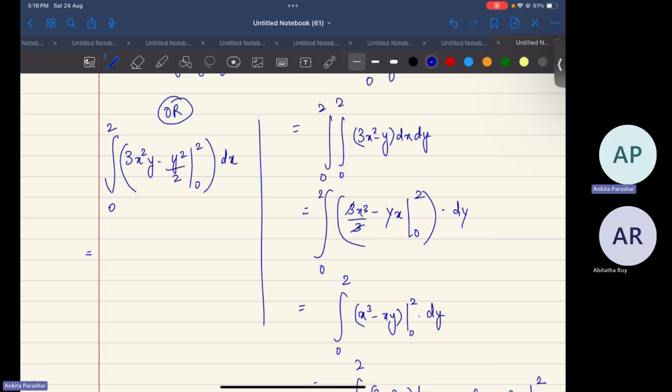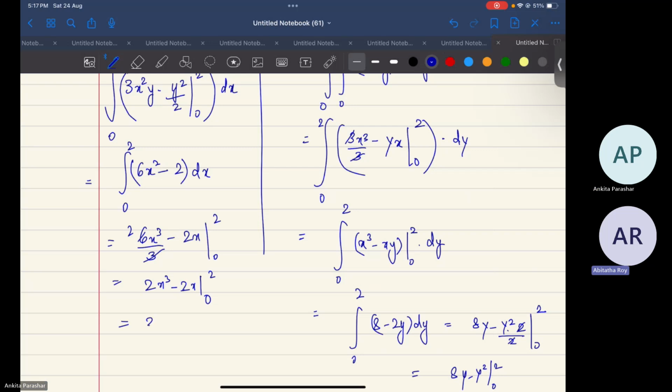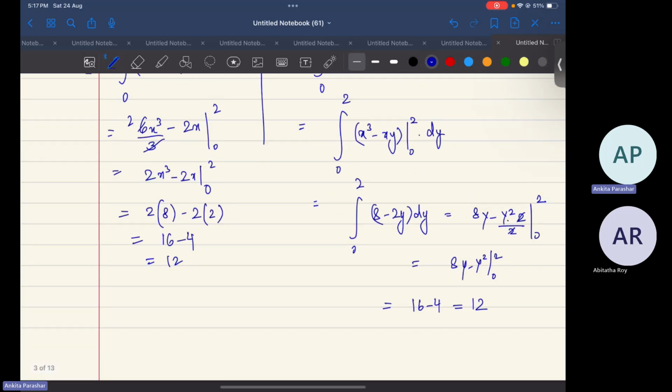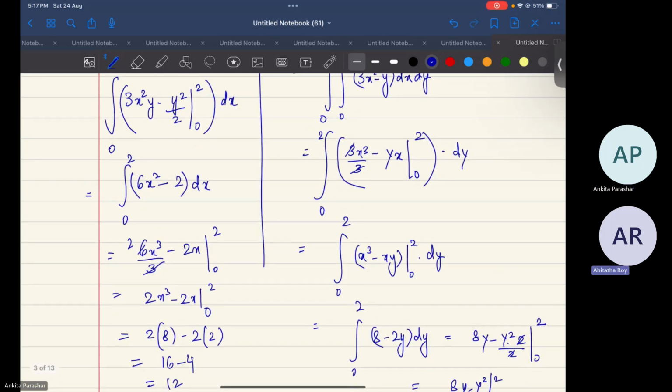With respect to y, I get 6x square minus 2x from 0 to 2, which is 6x cubed by 3 minus 2x, so 2x cubed minus 2x from 0 to 2, which is 2 times 8 minus 2 times 2. This is 16 minus 4, which is 12. They are the same, right? Okay, silly mistake on my side.